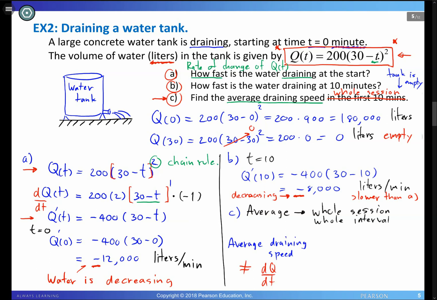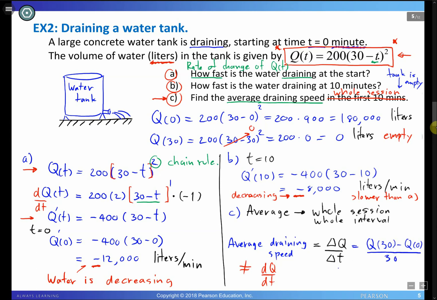So we have to use a different formula, and that is equal to delta Q divided by delta T, the whole amount of water and the whole time, the total time. So what is this equal to? Equal to Q at the end of the session, 30 minutes, that's when the tank is empty, minus Q at the beginning, Q0, divided by the total time, and that is 30 minutes.